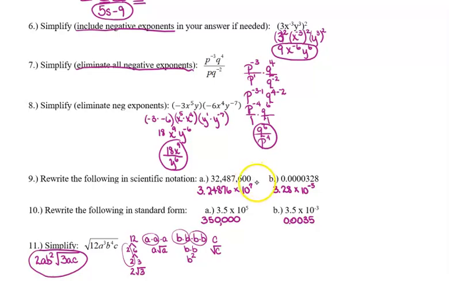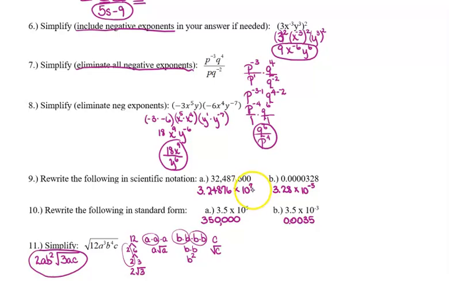And then in a whole number, my decimal is at the end of the number. So if I want my decimal to be here, you can see I'm going to move it 1, 2, 3, 4, 5, 6, 7 places. So that's how we get the exponent of 7 here. All right.